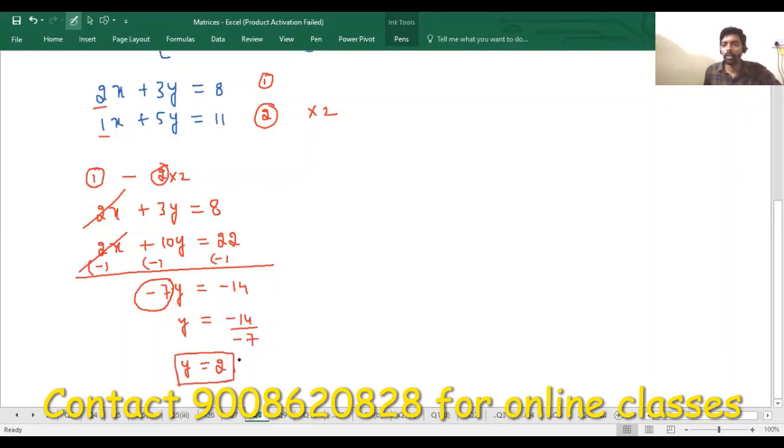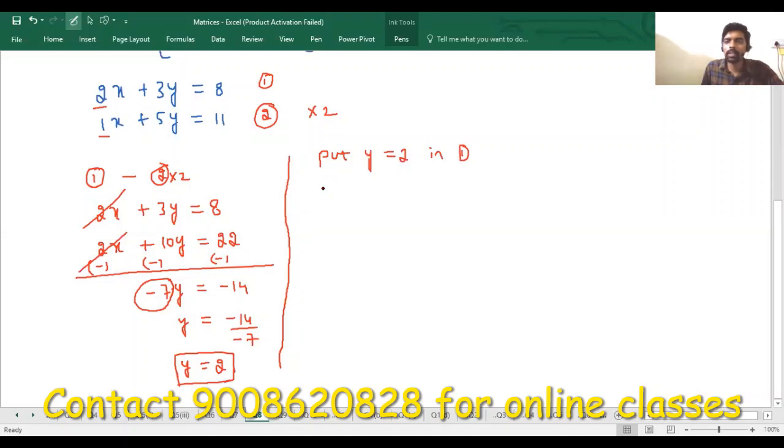So now we got y value. So you help me now how to find out x value. We need to substitute this y value either in equation 1 or in equation 2 to get the x value, correct? So put y equals 2 either in equation 1 or in equation 2.